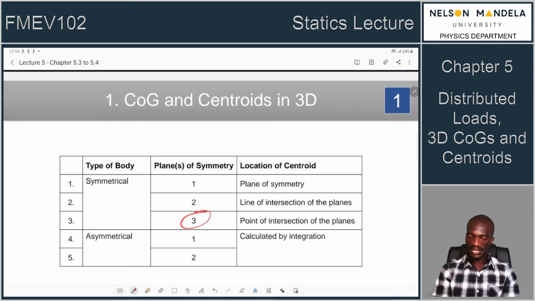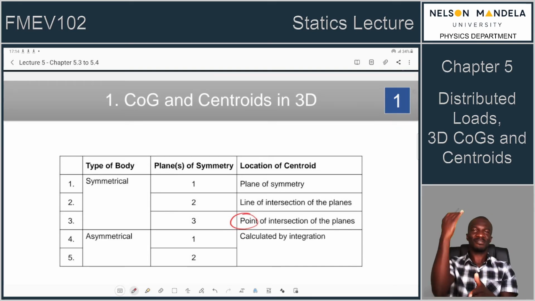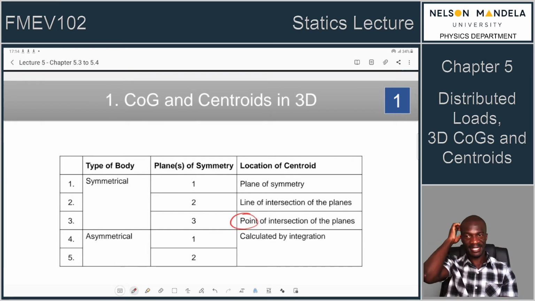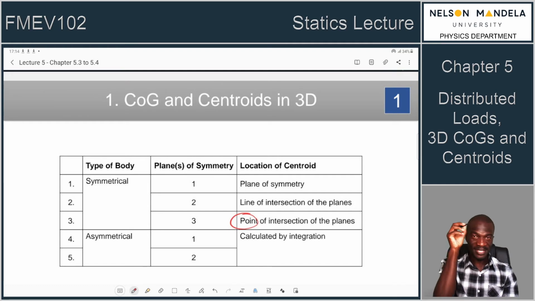If we have 3 planes of symmetry, that makes it even easier. Then it means we've got a point of intersection. Think of a sphere, for example. We can cut it with the xy, yz, and xz planes to find the centroid at its center.